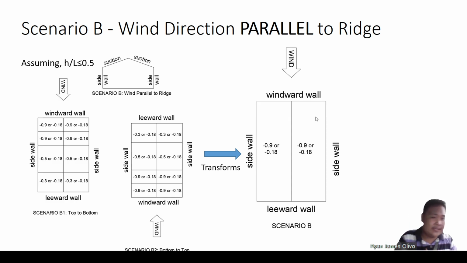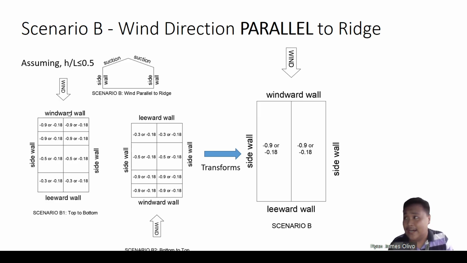But if you really want a thorough analysis of your structure, it's much recommended that you do this part with different Cp, depending on the horizontal distance away from the windward edge.